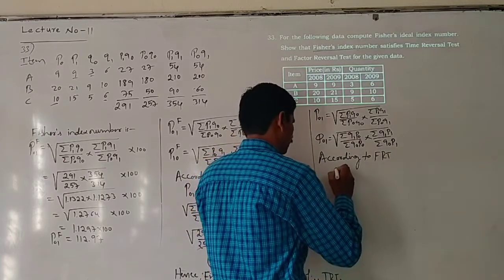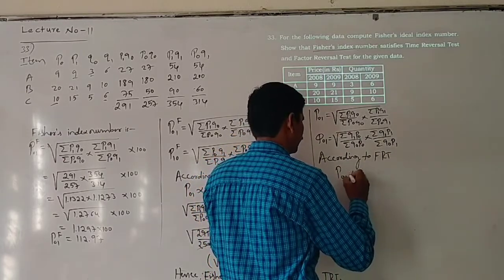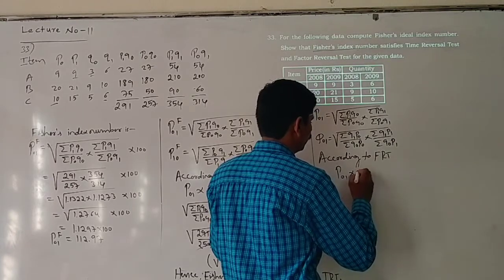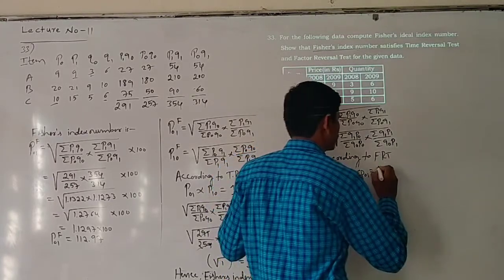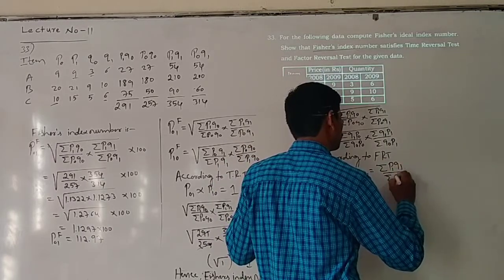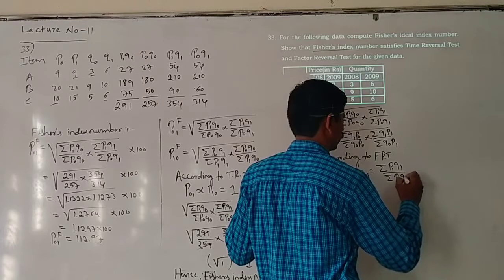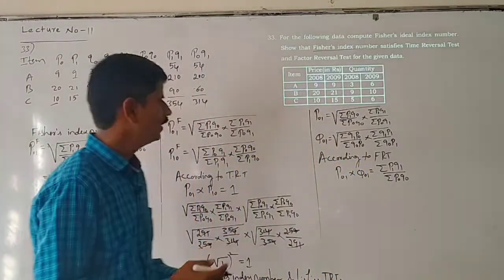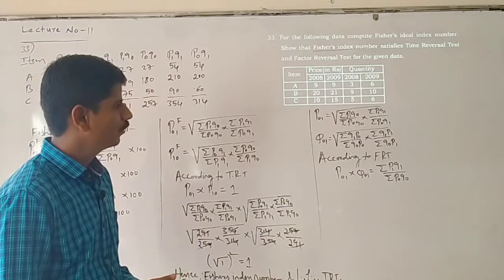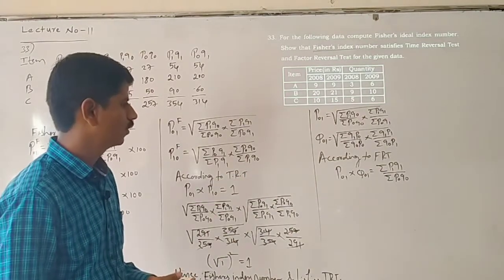Okay, here according to FRT, P01 into Q01 equal to sum of P1 Q1 by sum of P0 Q0.